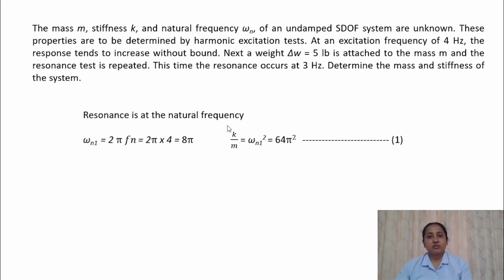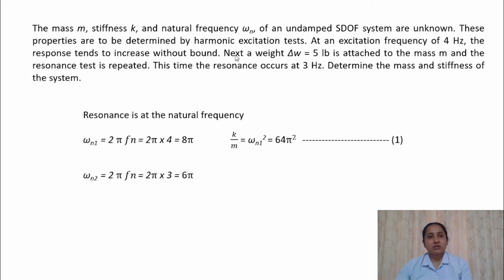So we know this value of k by m now, the square of this. In the second time, an additional mass was added to the system. So we also know the second natural frequency, that is 3 Hz. So that is 6 pi radians per second.